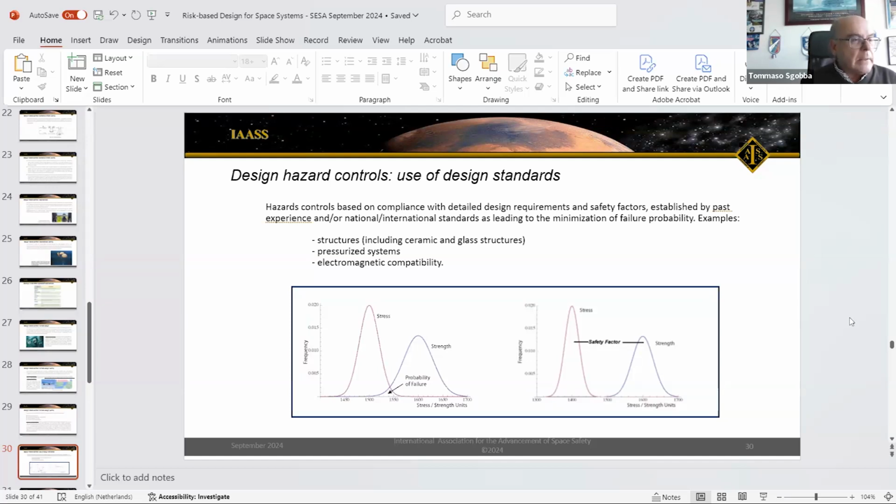And this is the case of, for example, structures, pressure vessels, and similar. So when you think about an innovative space system, a large part of that system is made of components, batteries, tanks, computers, etc., which already exist.